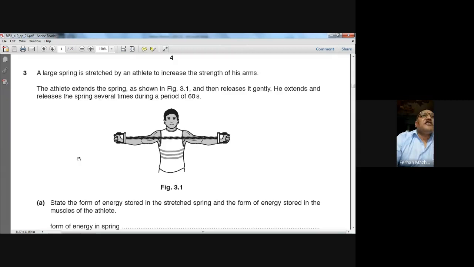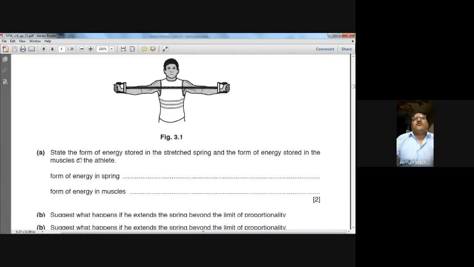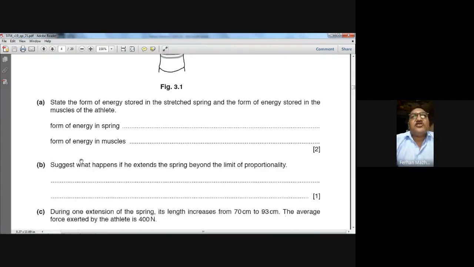State the form of energy stored in the stretched spring and the form of energy stored in the muscle of the athlete. The form of energy which is stored in the spring when you stretch it is called elastic potential energy. He says form of energy in the muscle. The form of energy in the human muscle is called chemical potential energy.